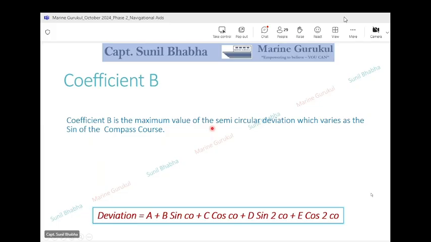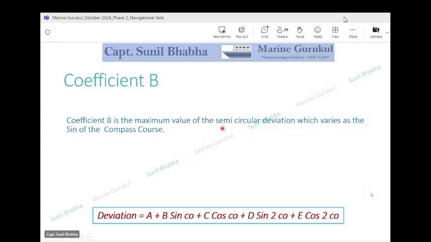Now, if a deviation changes after every 90 degrees, for the first quadrant, the northeast quadrant, the deviation was easterly. For the southeasterly quadrant, the deviation becomes westerly. For the southwesterly quadrant, it is again easterly, and for the northwesterly quadrant, it becomes westerly. Means it changes after every 90 degrees. It is known as a quadrantal deviation.